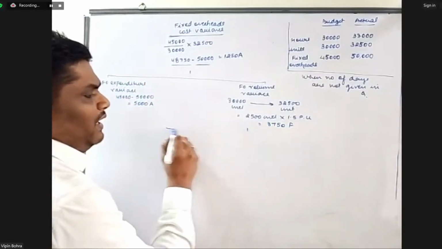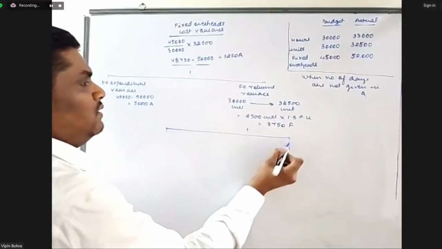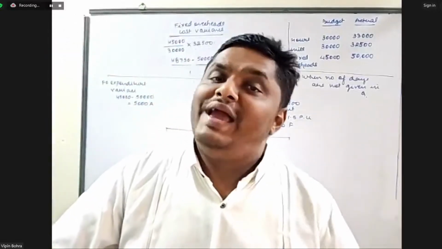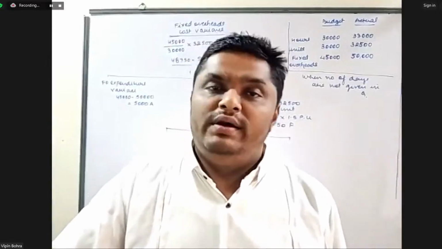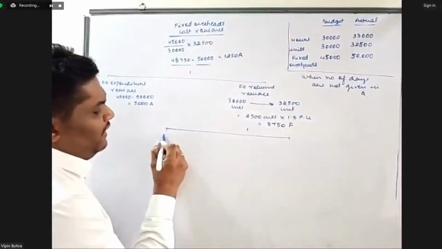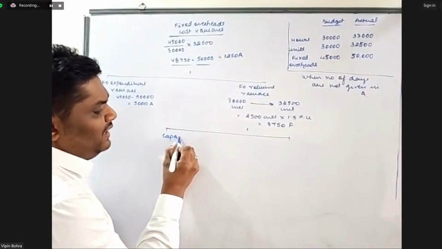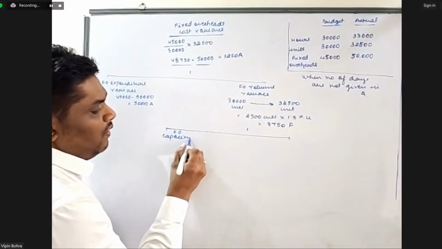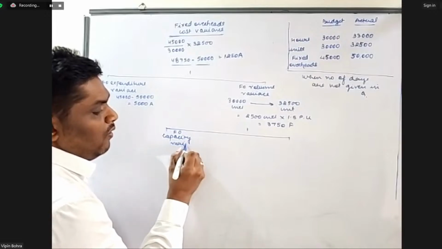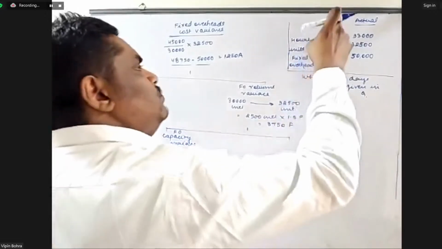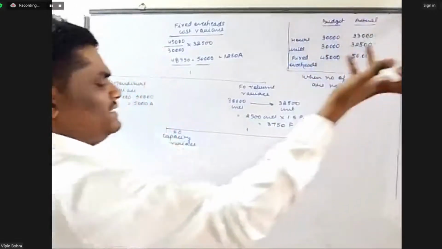Now, very important, guys, since the number of days are not given, calendar variance will not be calculated. We'll calculate directly the capacity variance. Since days are not given, we will assume that the budgeted days and actual days are the same.